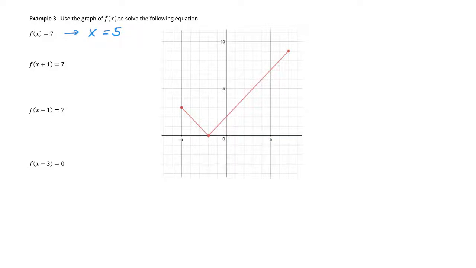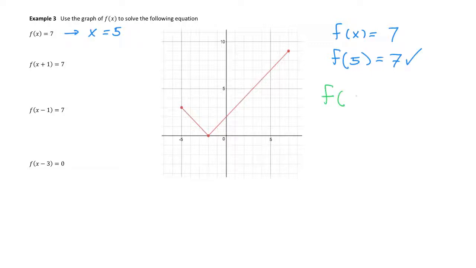In our previous example, when we were solving f of x is equal to 7, our goal was to make the inside equal 5, because I know that's true. But here, you have an x plus 1. So the question is, what would I put in place of this x if I want the thing inside the function to equal 5? Here, let me write that off to the side.